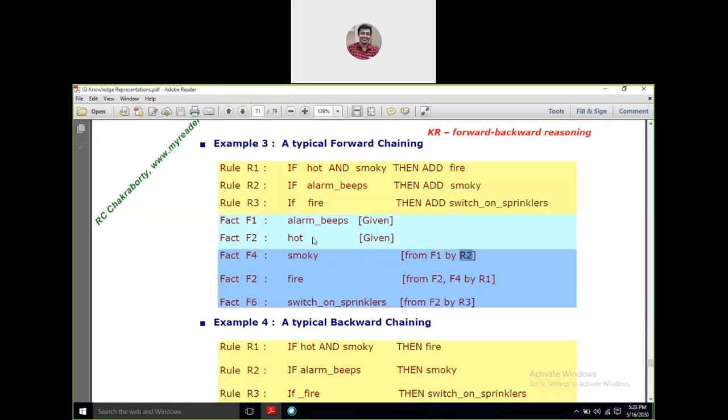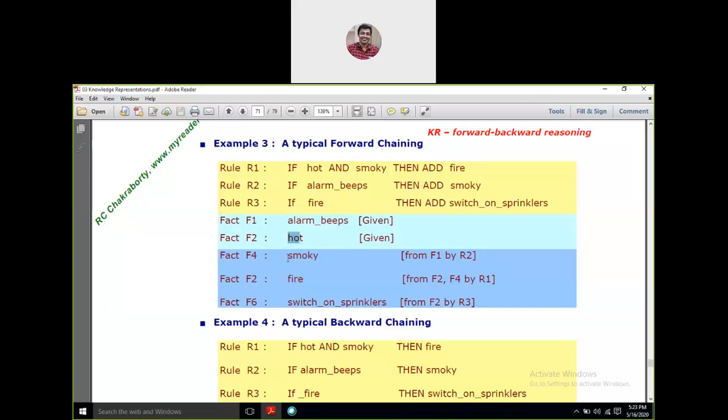Rather than skimming through all of them, pick up the fact that has already been given in your working memory. That means alarm beeps. If the alarm beeps, then you have to add smoky. So in the case of fact 4, we have added the term smoky. Now pick up the second fact that is already there in the given part, that means F2. Now here, if it is hot, we have generated another fact.